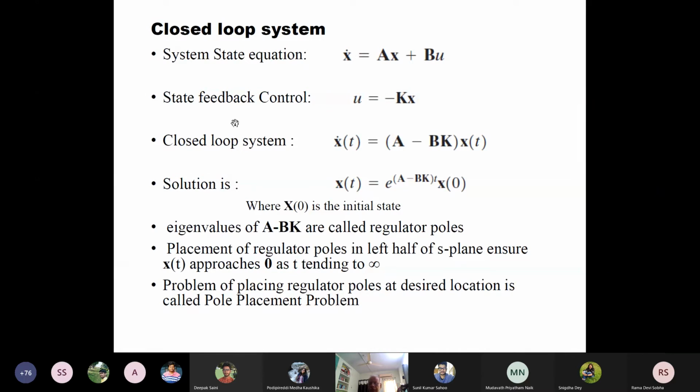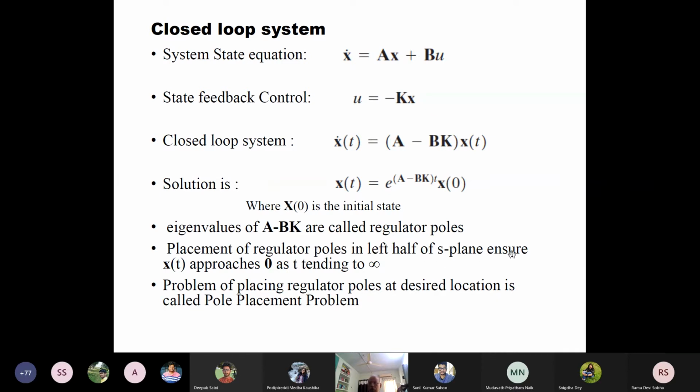In this control system, the main problem is finding the values of K. K can be found by placing the regulator poles in the left half of the S plane.